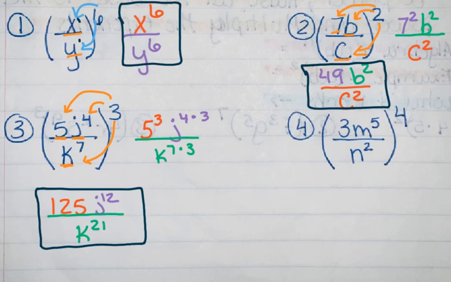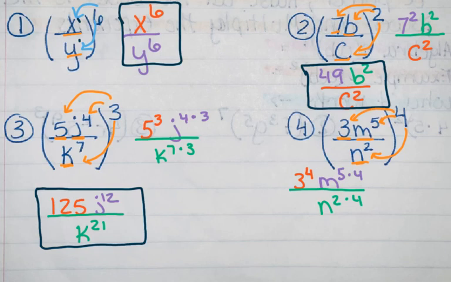Go ahead and pause the video and give number 4 a try. Hopefully at this time you've paused the video and you've tried number 4. You should have recognized that there are 3 bases, so this 4 needs to go to the 3, the m to the 5, and the n to the 2. So we're going to get 3 to the 4, m, 5 times 4, and then n, 2 times 4.